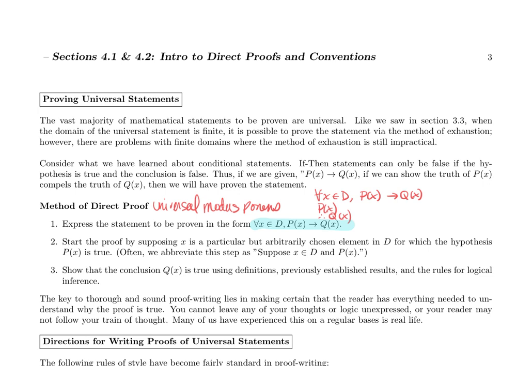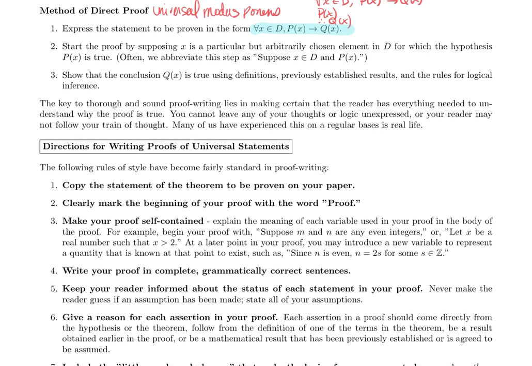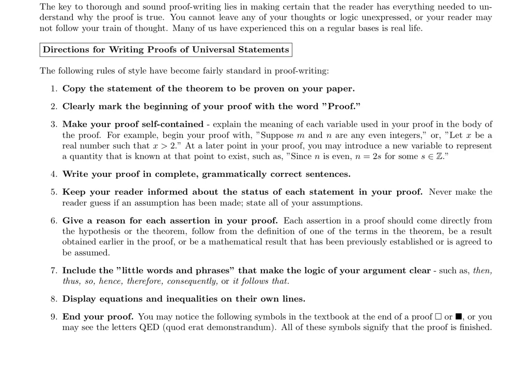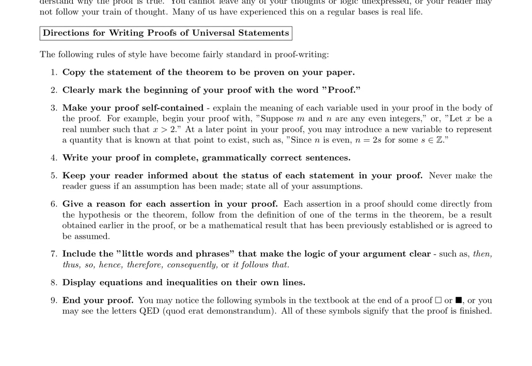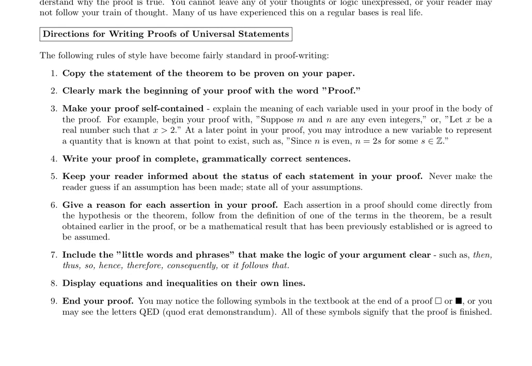So we're also going to need some directions for how these proofs should be written in this course. I'm going to give you this list of directions for writing proofs for universal statements. The first one is to copy the statement of the theorem to be proven onto your paper. When I'm asking you to do this, I'm asking you to write out the statement as a universal conditional statement.